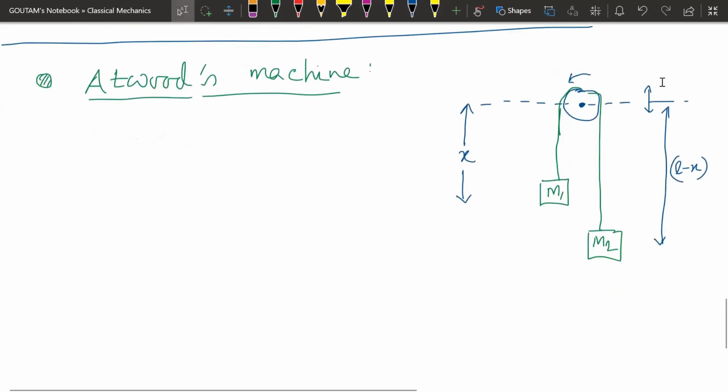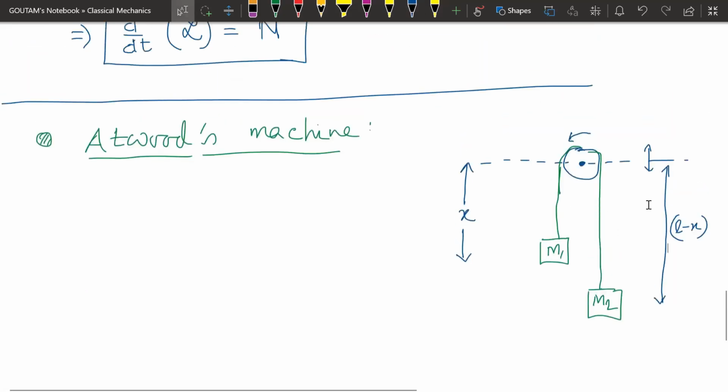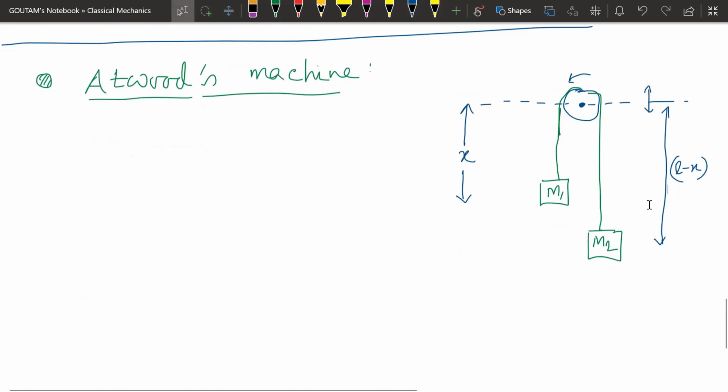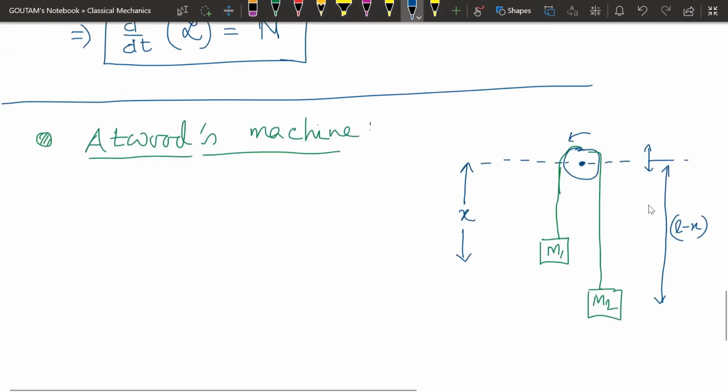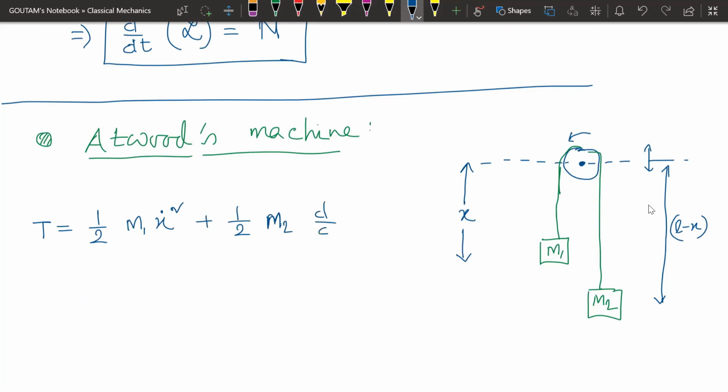The position of M2 from this level will be L minus x. So in that case, the kinetic energy of the system will be half m1 x dot square plus half m2 d/dt of (L minus x) square.